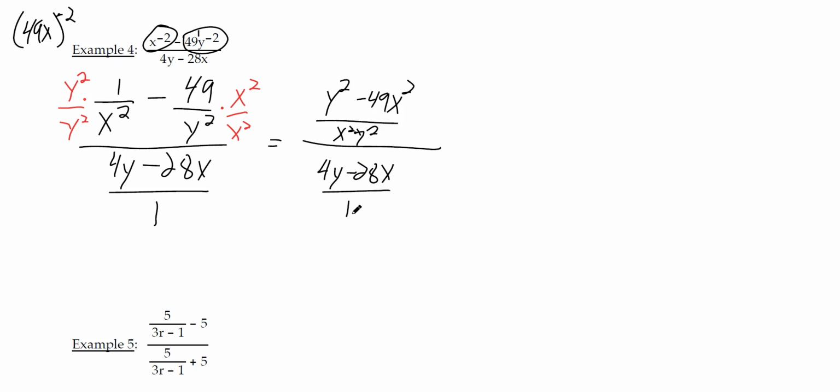Okay, now we can invert and multiply. That's the point of getting one fraction on top and one fraction on bottom, so you can invert and multiply instead of this divide. So now what I see is we need to factor.